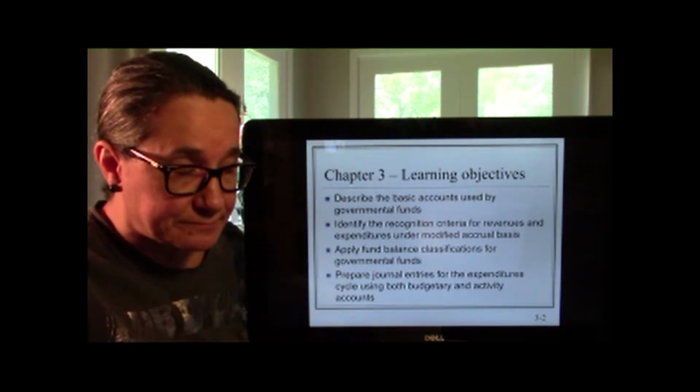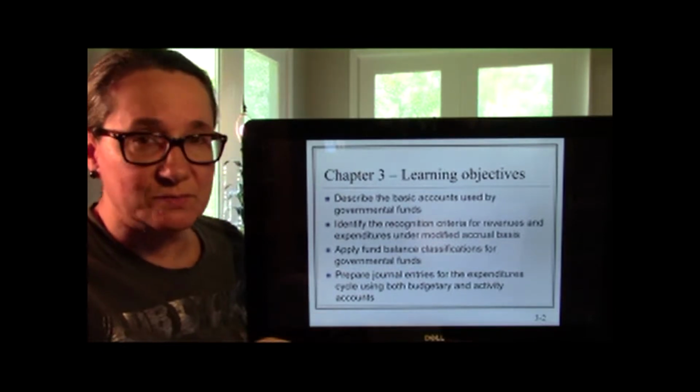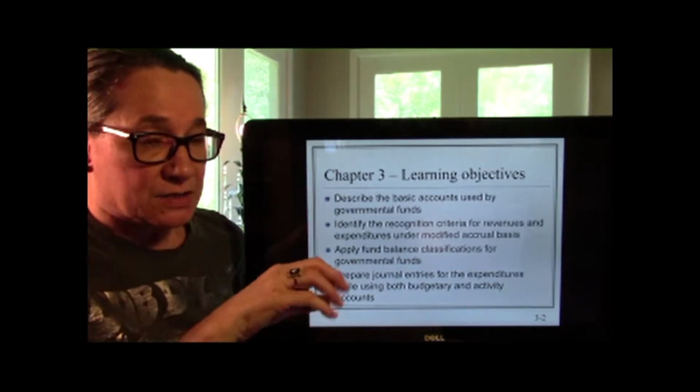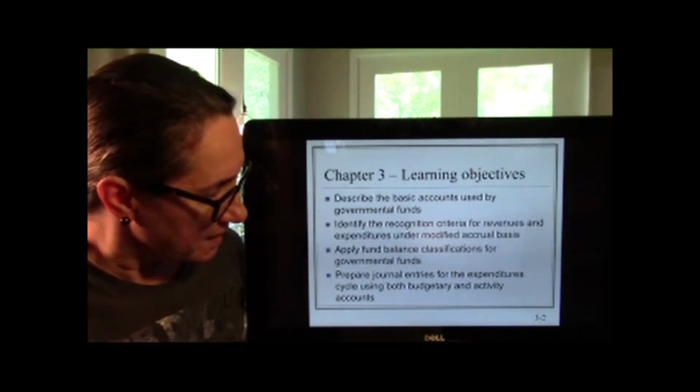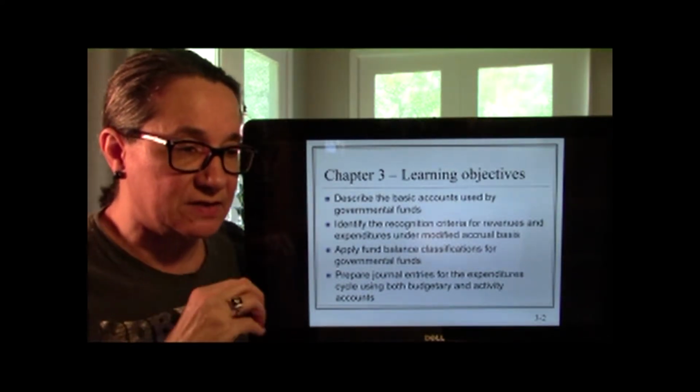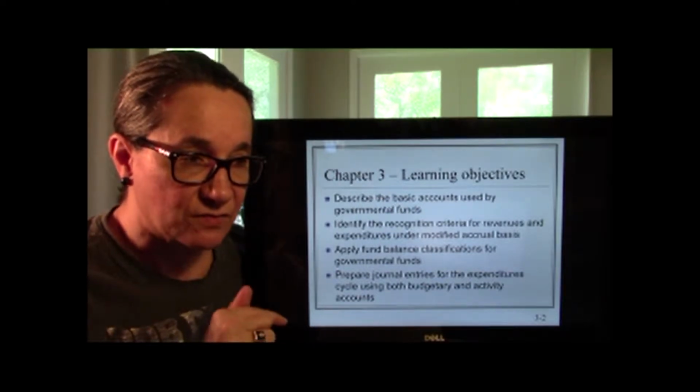But the governmental funds, they use modified accrual. So we need to talk a little bit about that so you can understand what's going on. And we'll understand the different classifications for the funds.